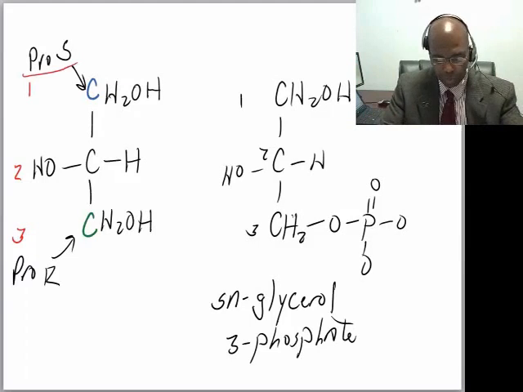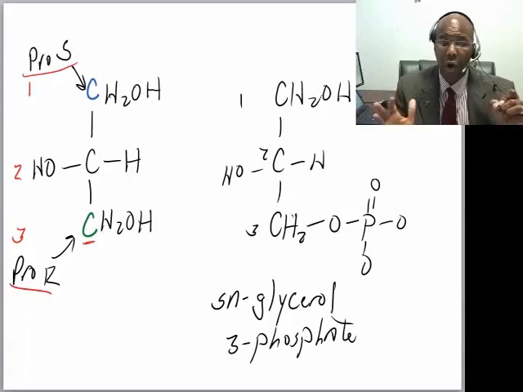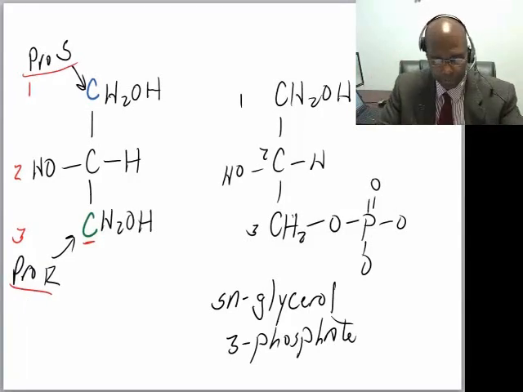If the carbon, which is green here, gives you an R configuration when increased in priority, that's the pro-R carbon.